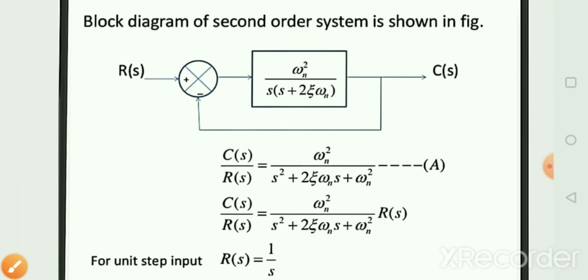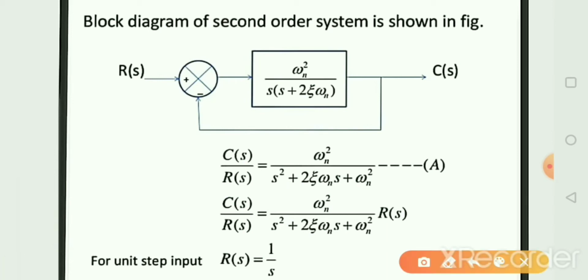If we calculate the input, u(t) equals 1. If we take this in the frequency domain, we take the Laplace transform. The Laplace transform of 1 is 1 over s, so the input is R(s) equal to 1 over s.